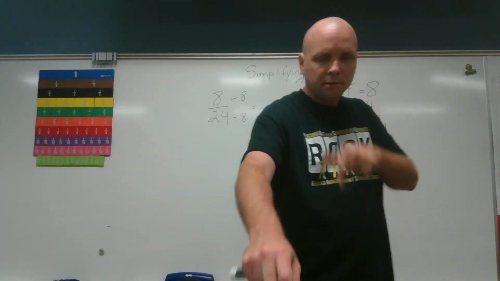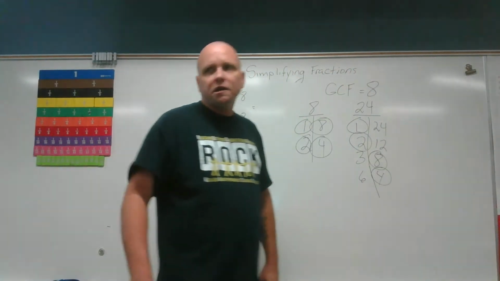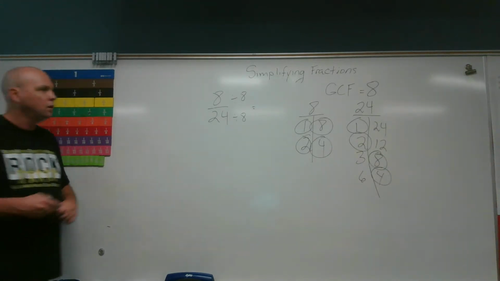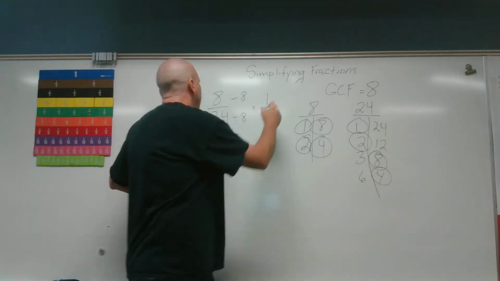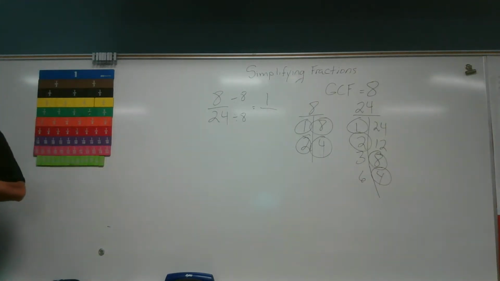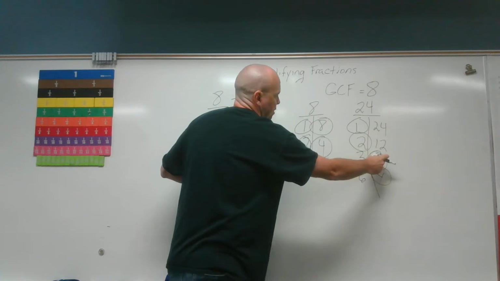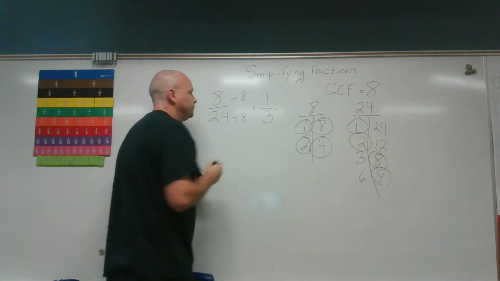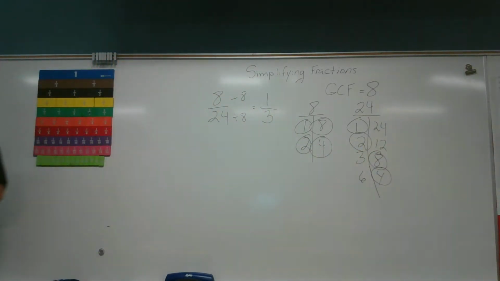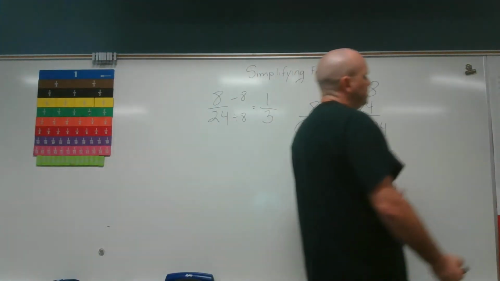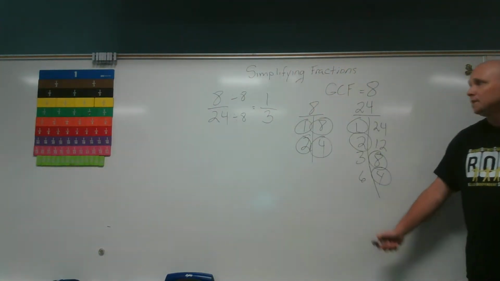Jacob J. What is 8 divided by 8? 1. Jacob J. What is 24 divided by 8? 3. Now what does that mean, Dylan asks. Dylan, let me explain it to you.